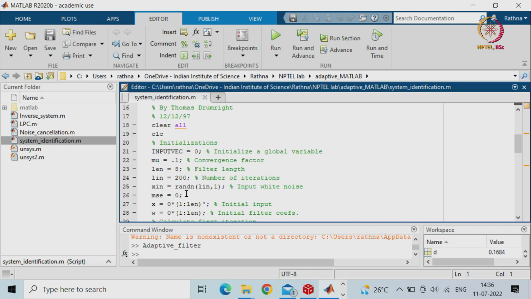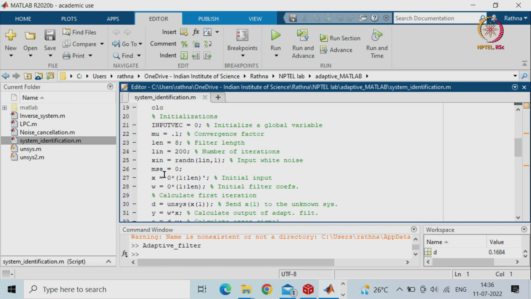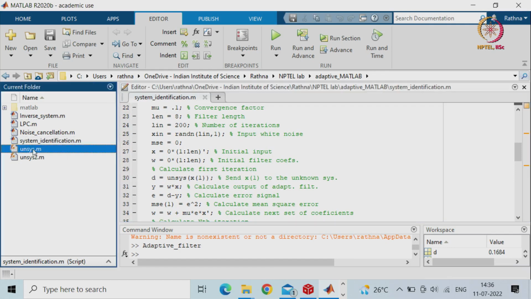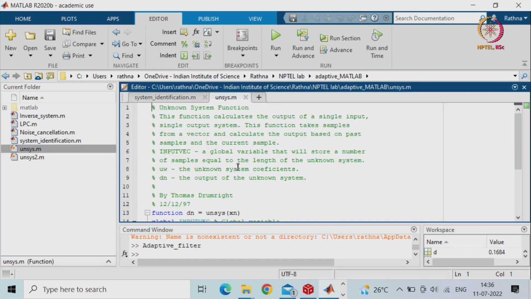The mean square error is set to 0, and these are the initial input and initial filter coefficients; the length of w will be made 0. Then you start calculating with the unknown system, which is given as unsystem.m in this case.